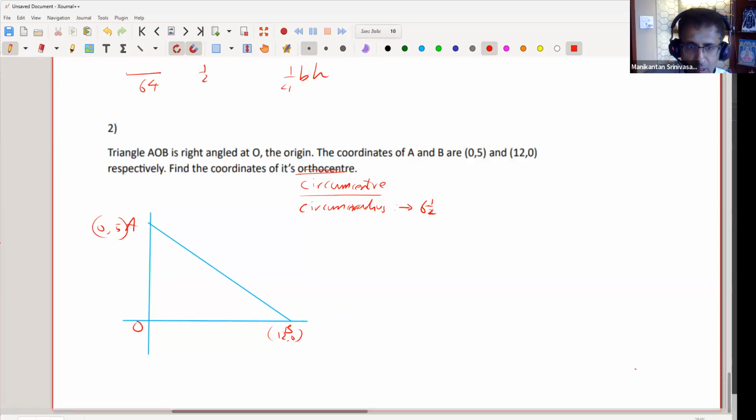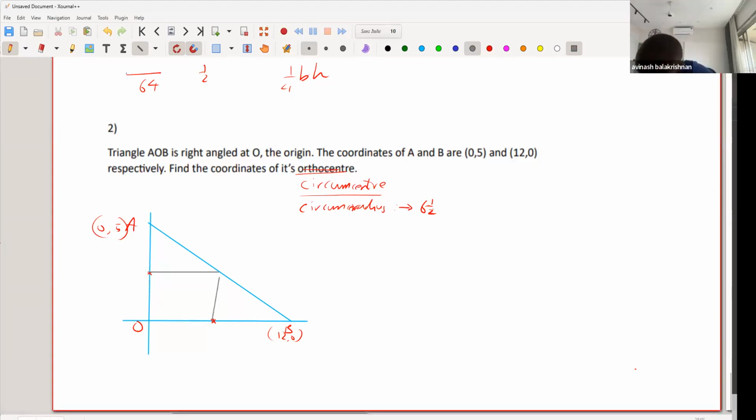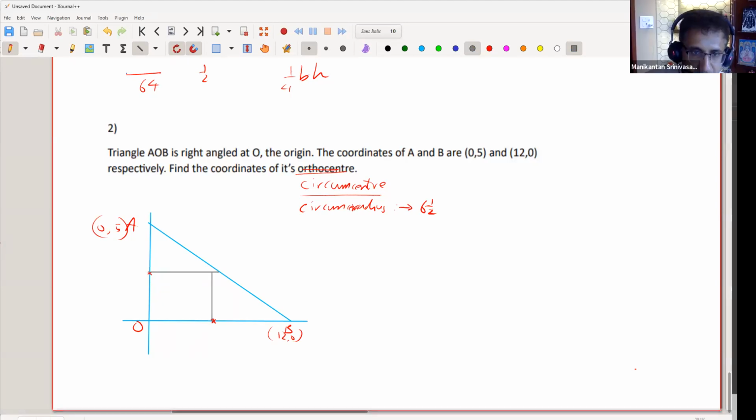So it'll bisect here, and it has to be perpendicular from here. Similarly, it has to be bisecting here and has to be perpendicular here. So by the midpoint theorem, this will meet here, at the midpoint, 6 and 2.5. I didn't draw it perfectly here, but the midpoint theorem will show that.